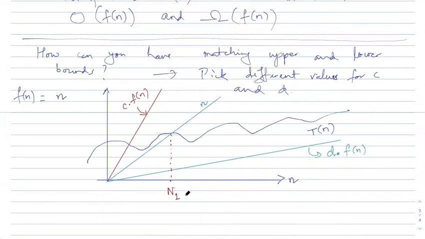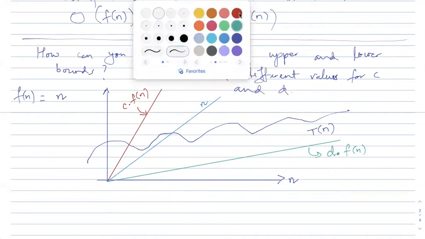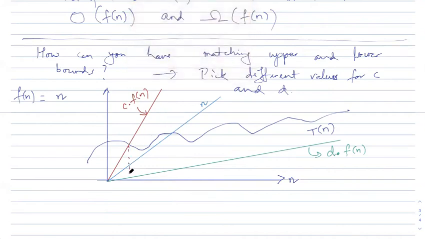For n greater than some value n1, beyond this point, the c times f of n is always above this t of n, right?